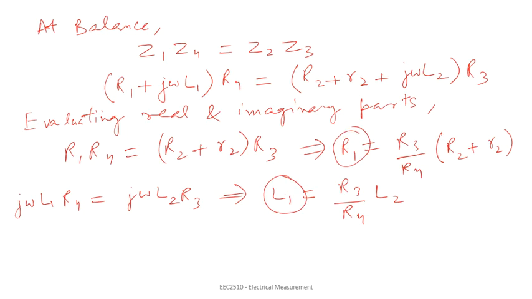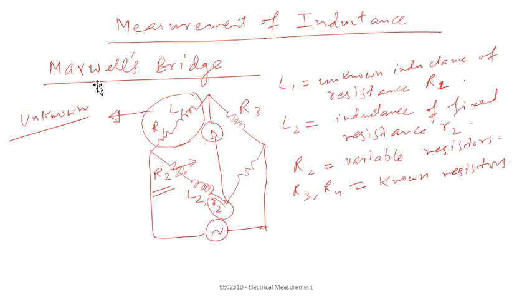Just by changing certain parameters, you can obtain the balance condition. Generally R3 and R4 are selections of values from maybe 100 to 10,000 ohm, and the small R2 is a decade resistance box.